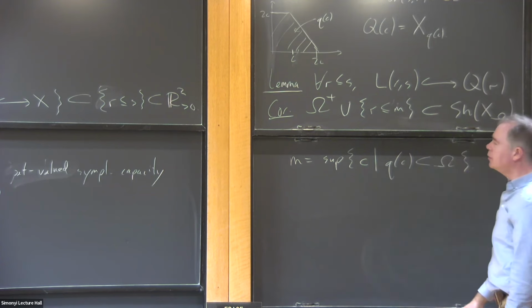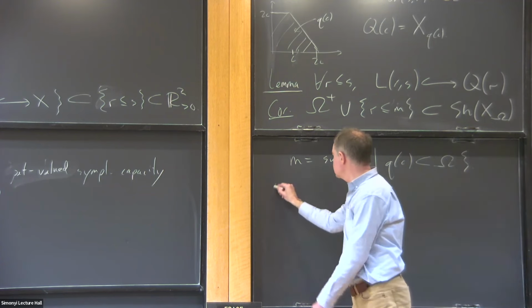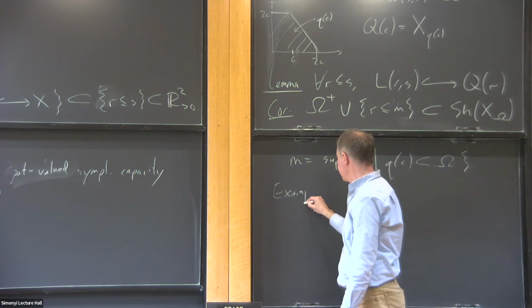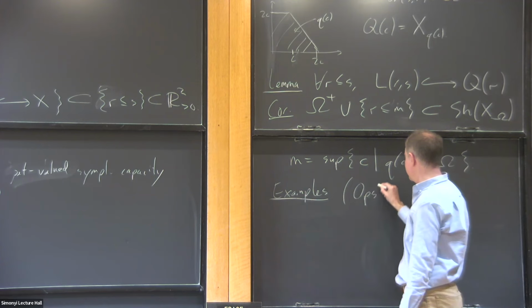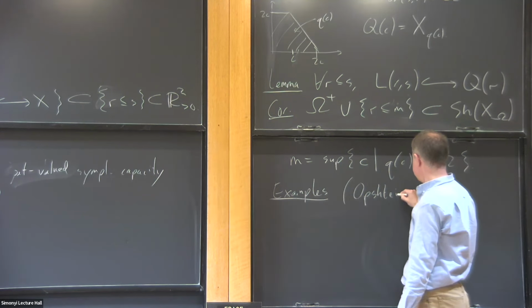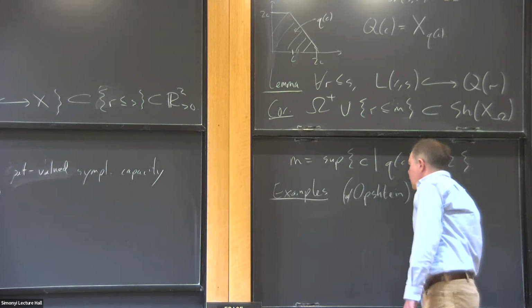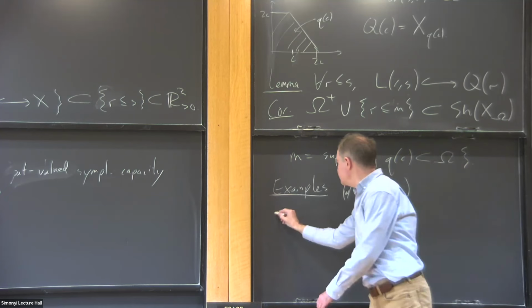So for example, here are some examples of this. I worked these out a few years ago now with optioning. Let's do the shape of a ball.